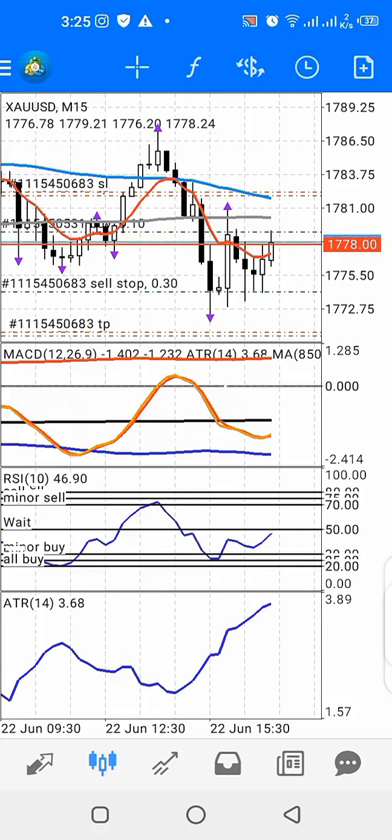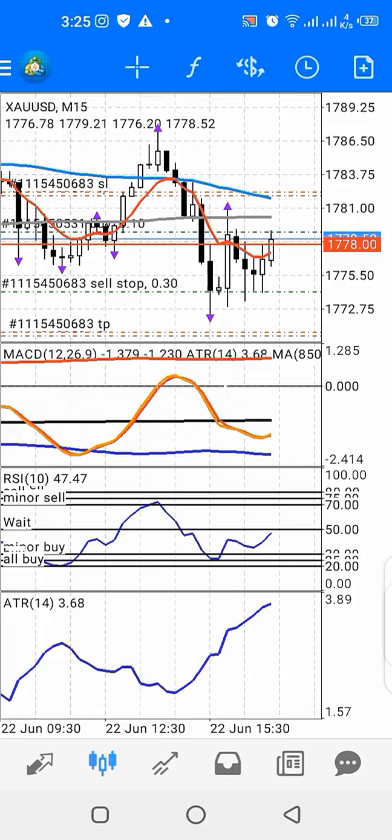So for this example, my zone recovery is 47 pips, like I said. So with 47 pips, I believe my take profit for my first trade, which is a 0.10, will be tripped before price gets to my sell stop order below.